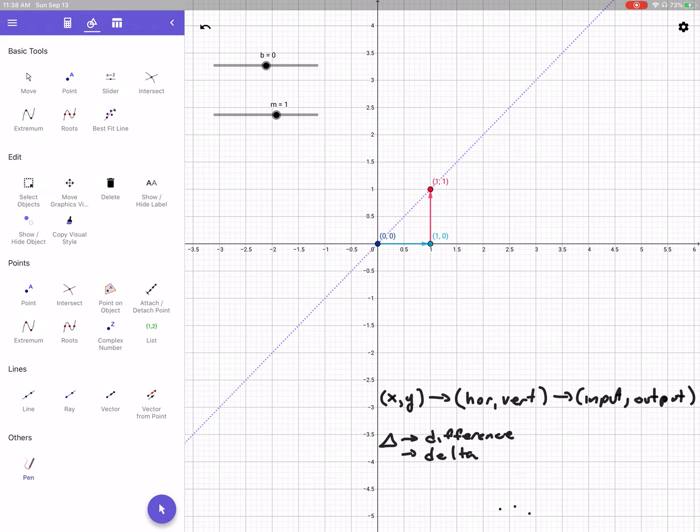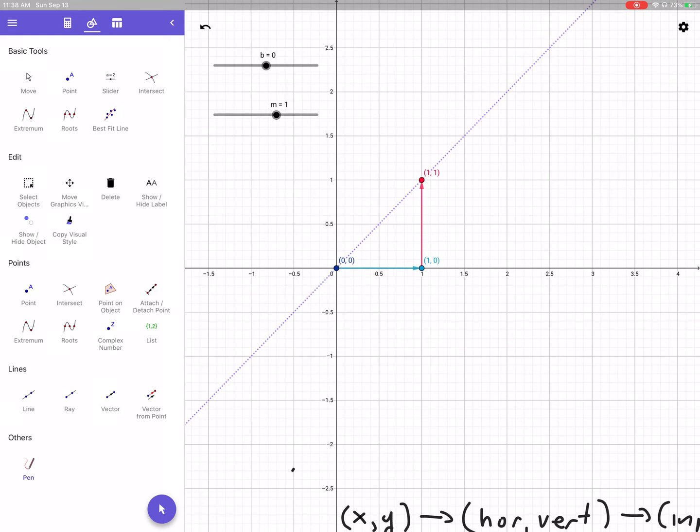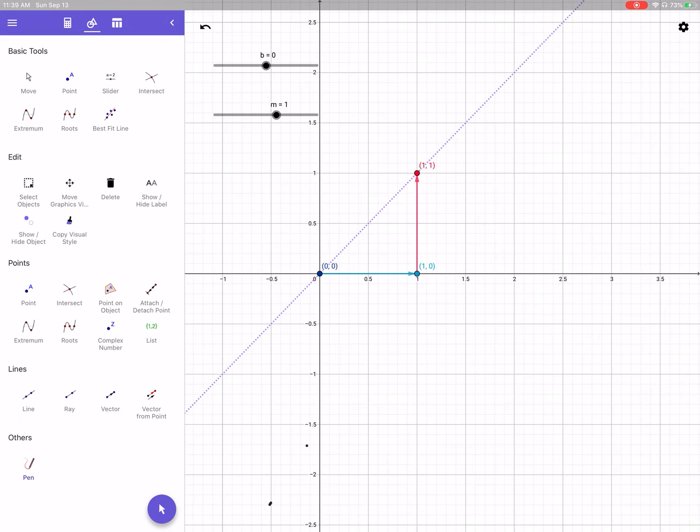So let's look a little closer at this horizontal change right here. So what we have is a delta horizontal, or a horizontal change, a difference in the inputs. So we have two different inputs. We have 0 and 1. Whichever one you pick, you have to keep the same pattern.